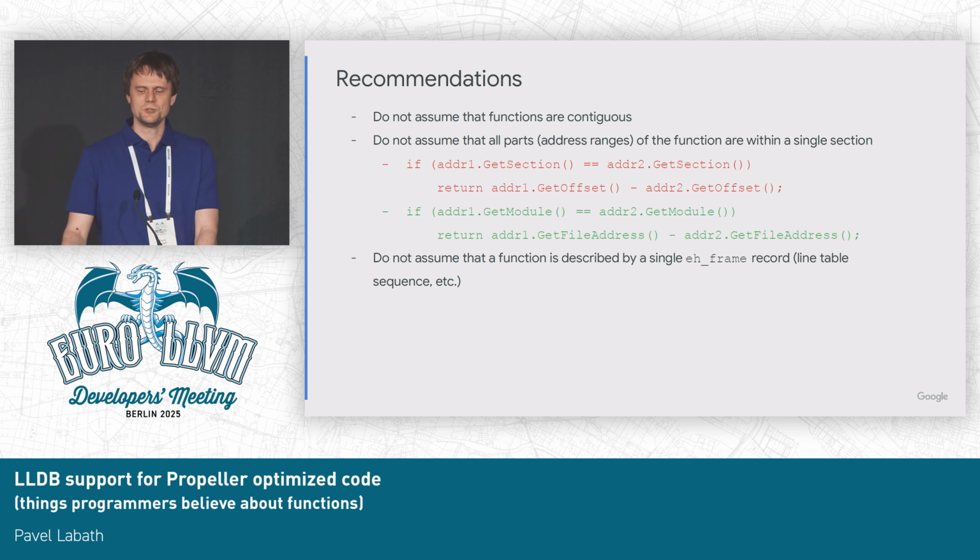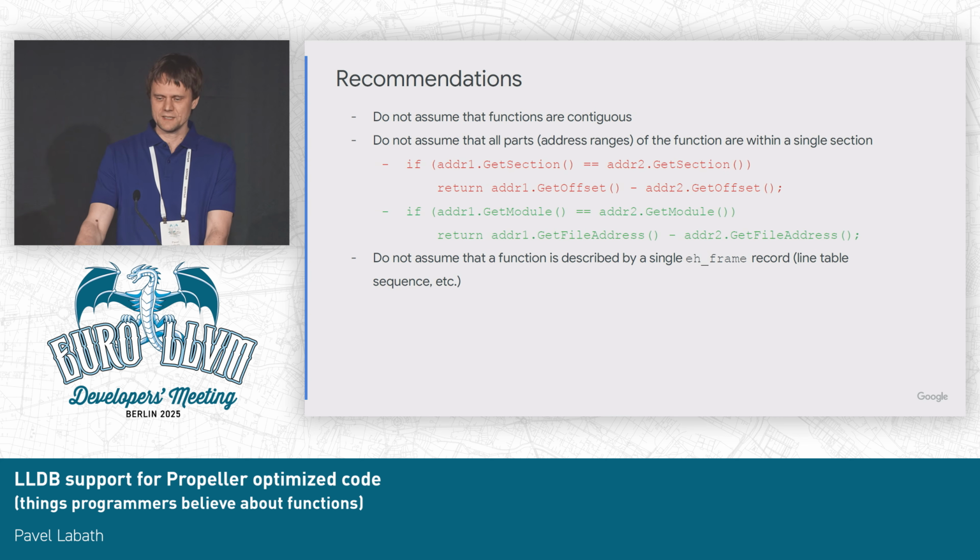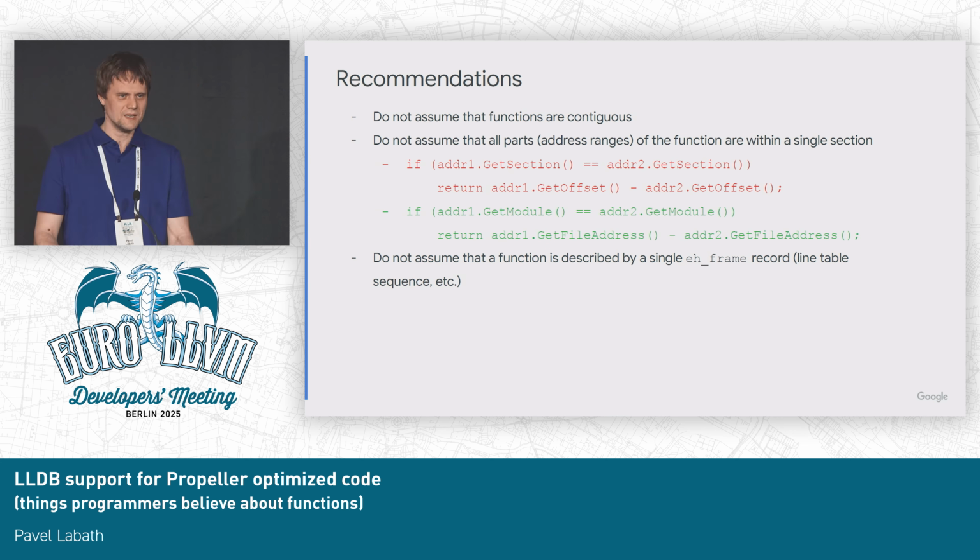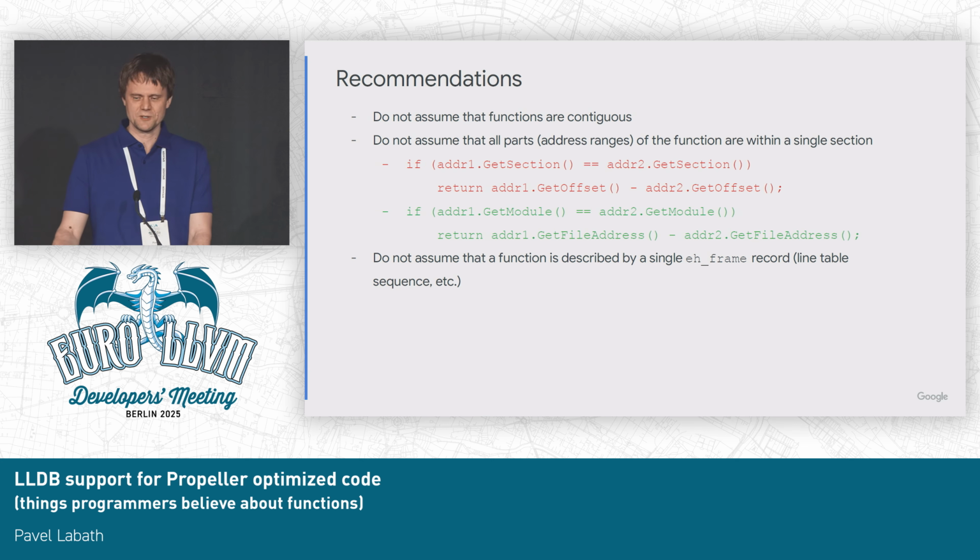Please don't assume that a function is described by a single EH frame record or a single line table sequence and so on. Since each of these parts needs to be relocatable by the linker independently, each one of them will have a separate record like this, and you need to be prepared to handle that case.